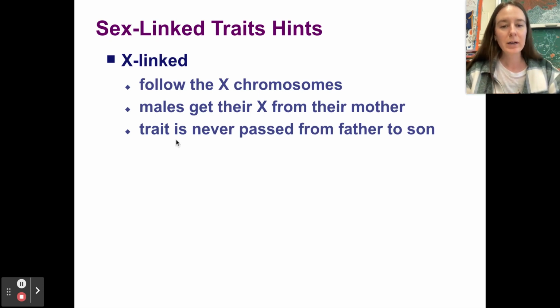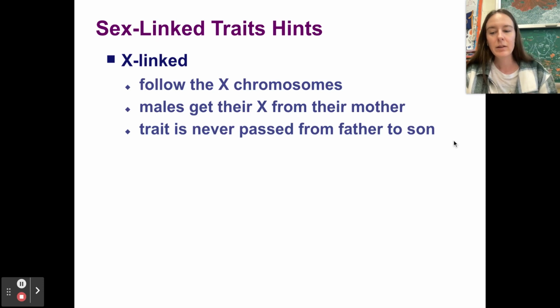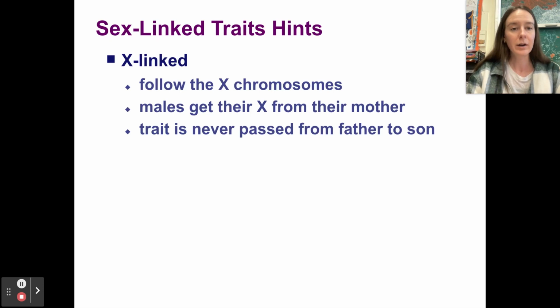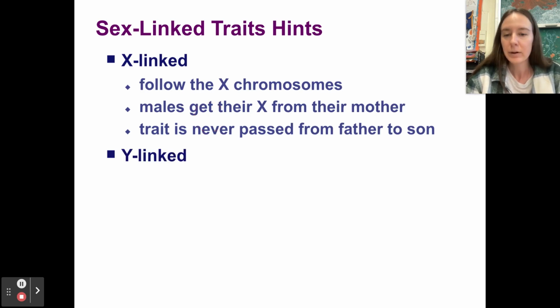The trait is never passed from father to son. Think about it. The father can only pass Y chromosomes to the son, right? If the father has a daughter, then the dad can pass his X chromosome in the sperm to the daughter. But if you are a son, then you got your Y chromosome from your father, and so you can't get X-linked traits from your father.